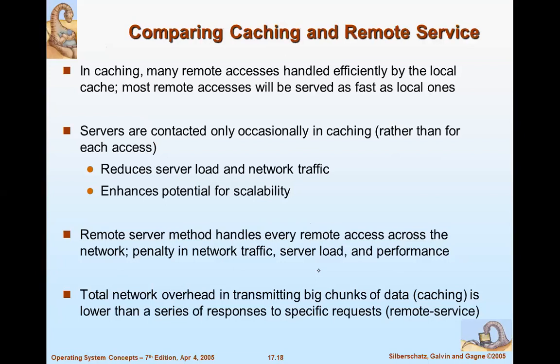Comparing caching and remote service with one another. In caching, many remote accesses are handled efficiently by the local cache, while most remote accesses will be served as fast as local ones. If you are accessing data from a remote location, there may be problems like network connectivity and congestion on the network, and it may affect the performance.